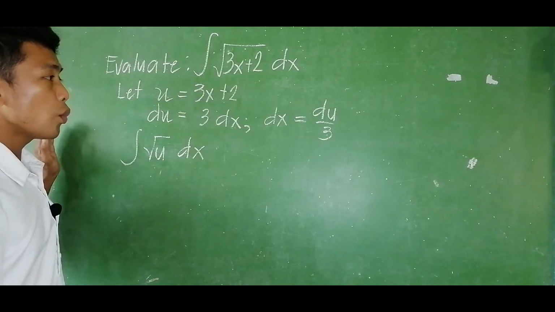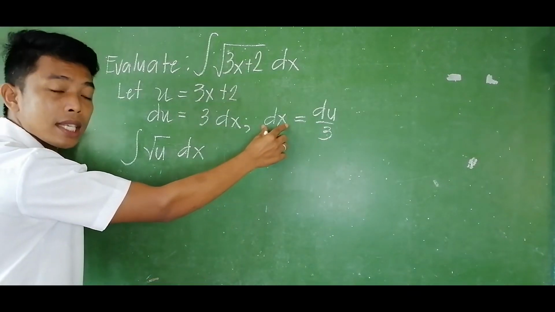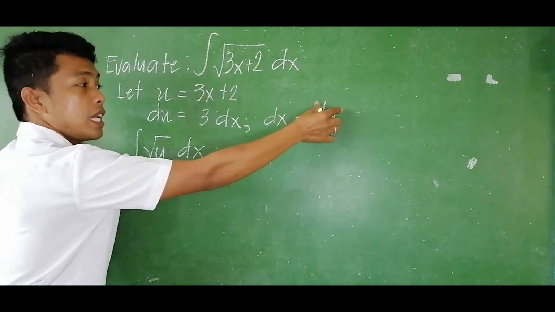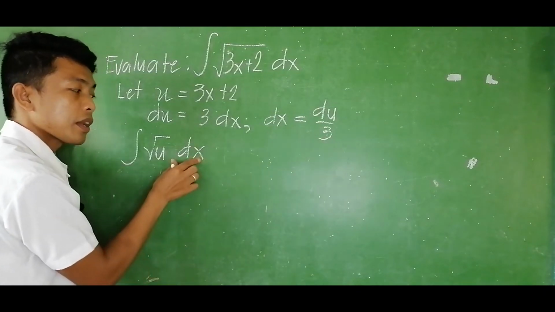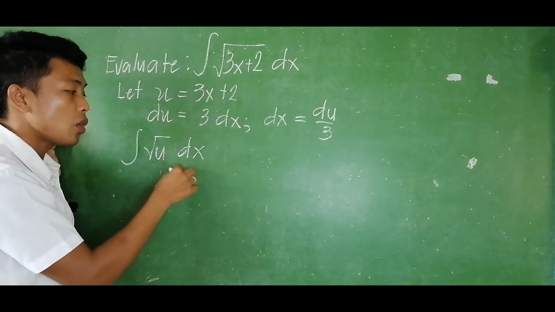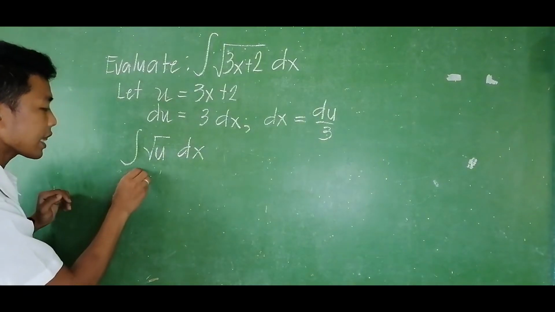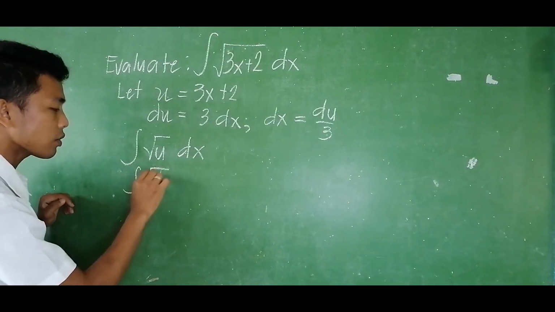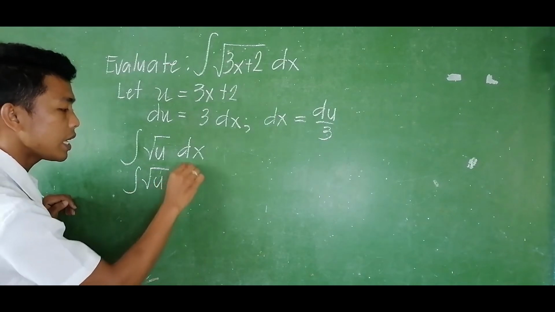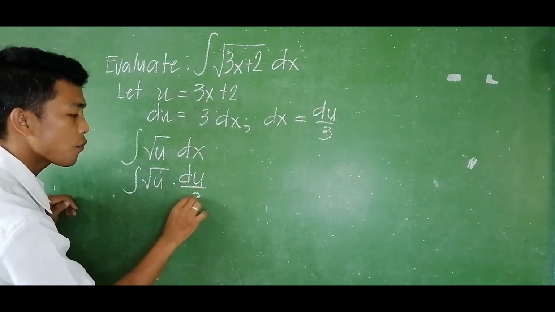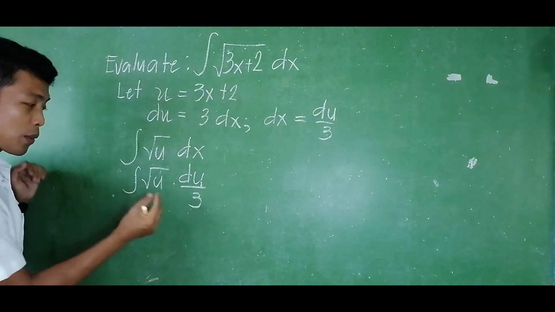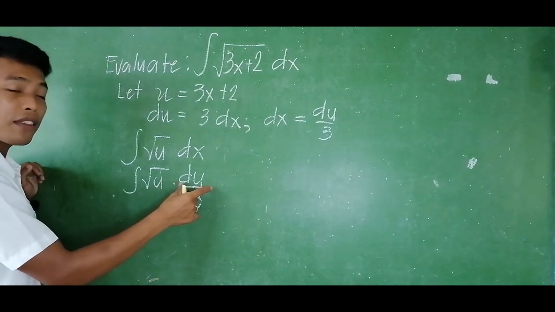Meaning to say, we can substitute du over 3 for dx so that we will no longer have dx in our expression. Therefore, we will get the integral of the square root of u times du over 3. This time, we have already the variable u and du.